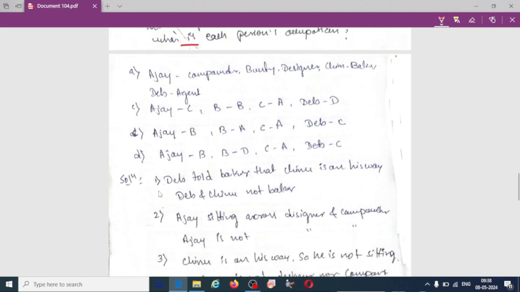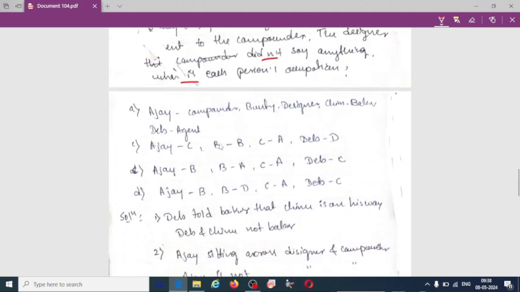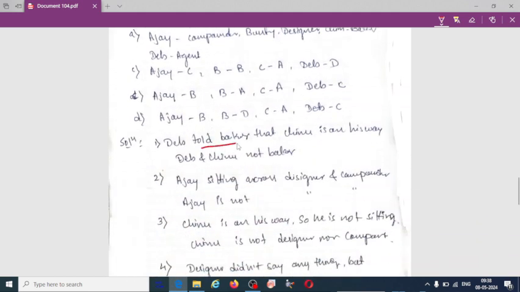First, write down the given statements in the question. Deb told Baker that Chinno is on his way. That means he is walking or he is coming. That means Deb is not Baker, Chinno is not Baker. Baker is someone else.